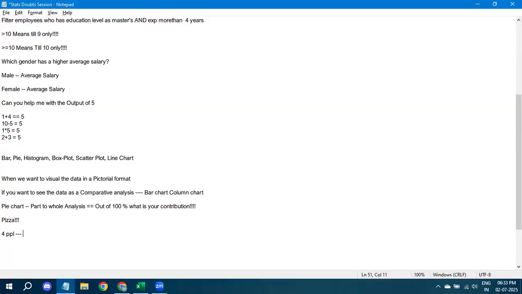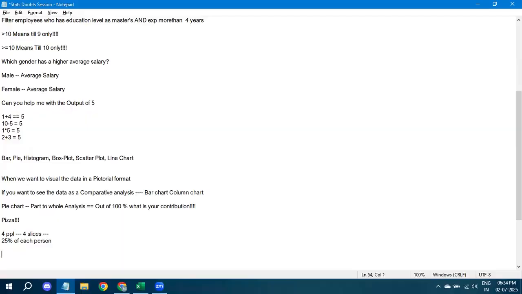You'll get 4 slices, right? Now tell me, each person is having how much contribution? Each person has what percentage of the pizza? 25% each person. Will you agree?